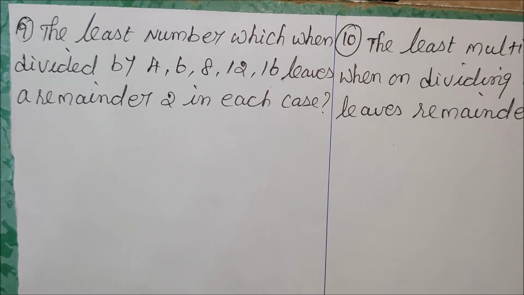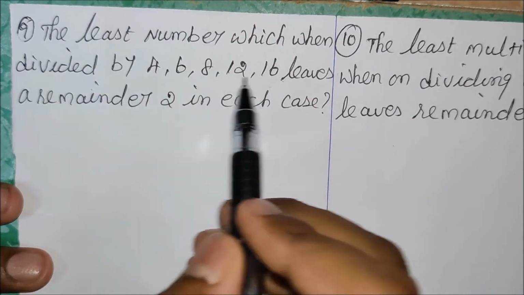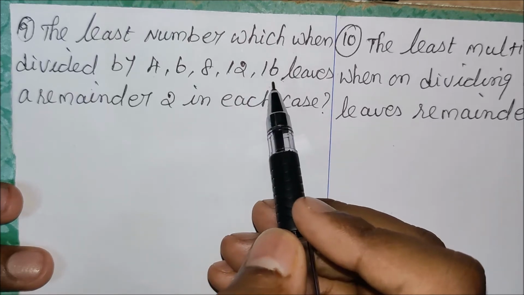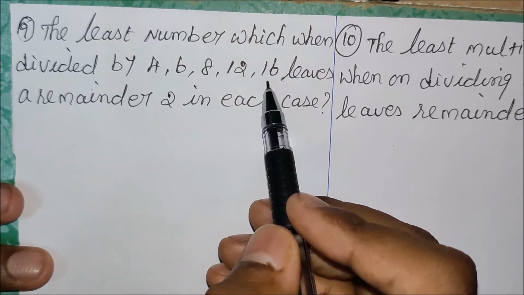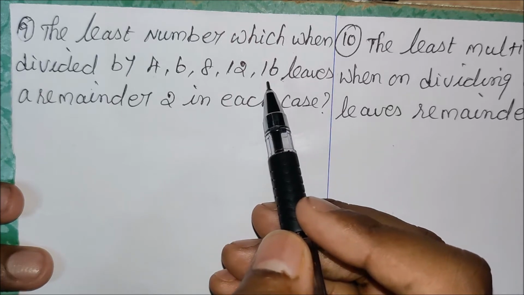As I already told you, when we see the numbers, how can we conclude whether we should find LCM or HCF? That's the simple thing. Here we have some smaller numbers, and we should find a bigger number than these. If you find a bigger number, you have to calculate LCM.